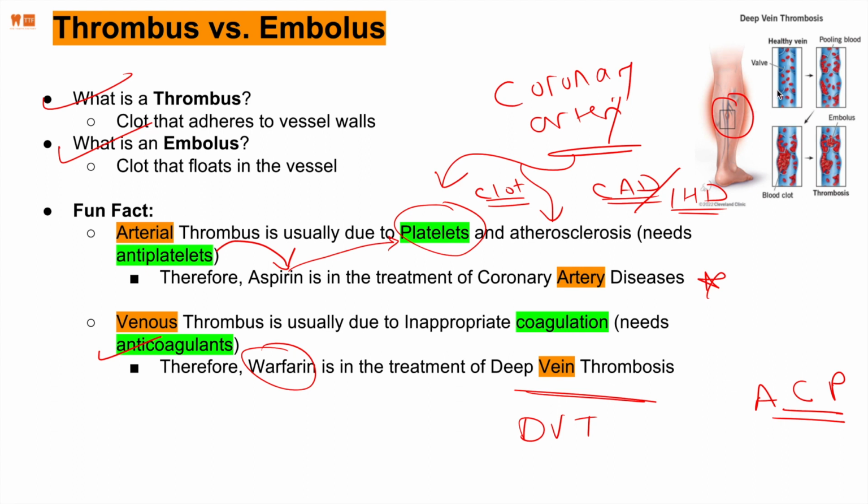In this case, we have a healthy vein, then we have blood pooling, and then we have a blood clot forming, and ultimately a thrombus adheres to the vessel wall, and some of the embolus kind of floats away. In this case, it is the blood clotting, not the platelets. Therefore, it is inappropriate coagulation, and we need anticoagulants. Therefore, we need warfarin. Okay, so that's the big difference. Now, of course, they can interchange, but this is the major feature.